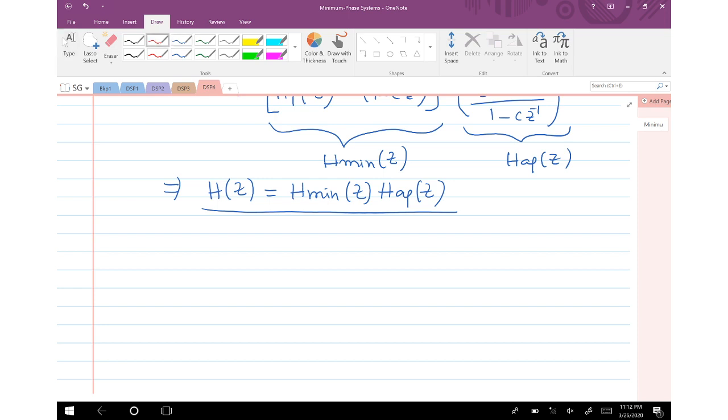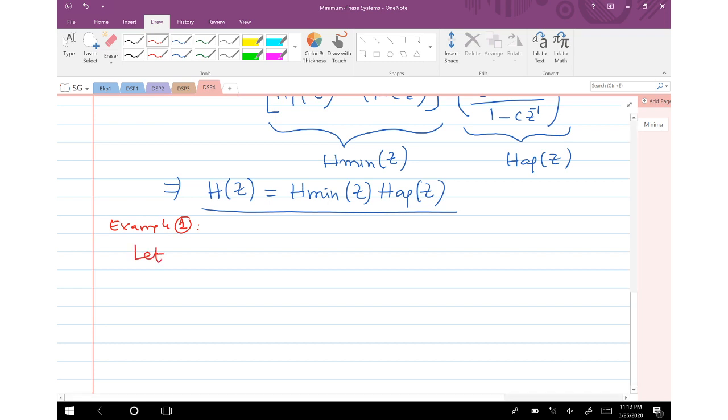So the first example, a simple example, is to understand how you can decompose a given system into a minimum phase and all pass system.